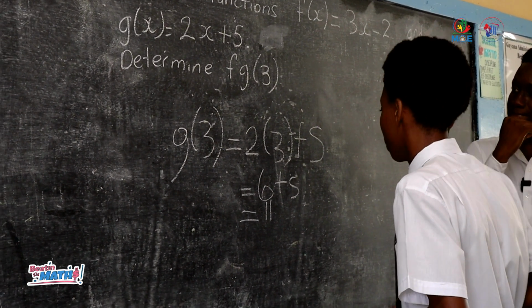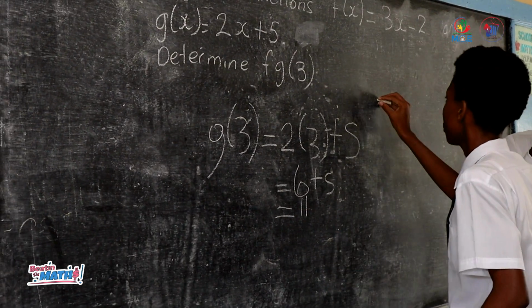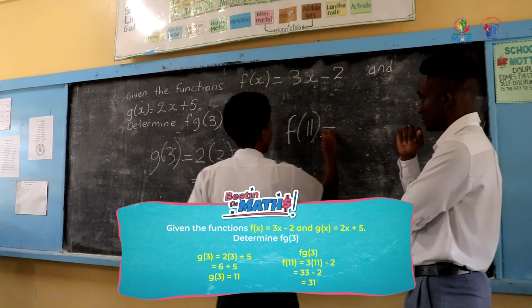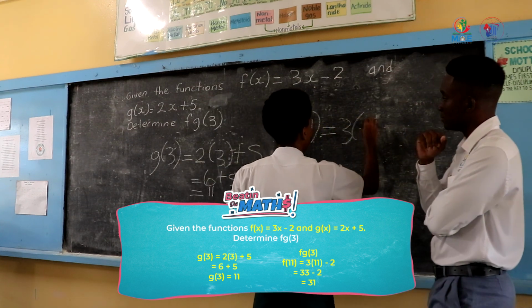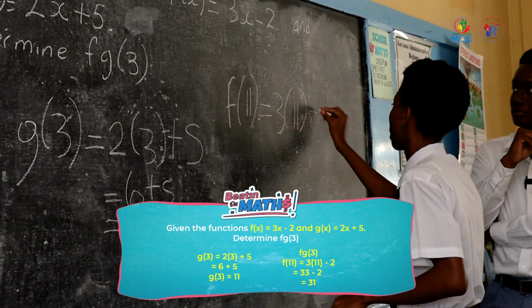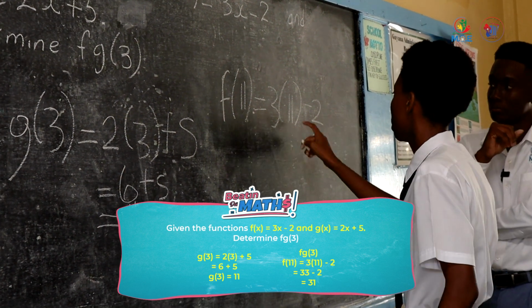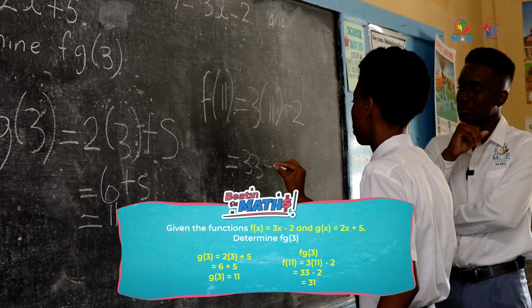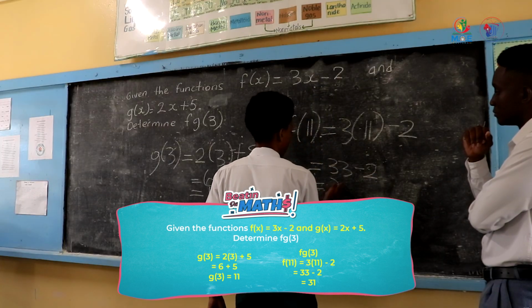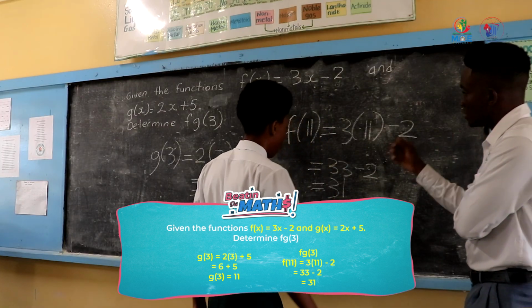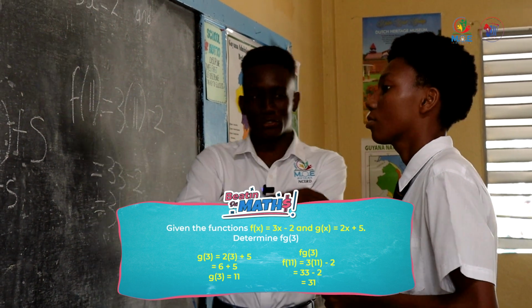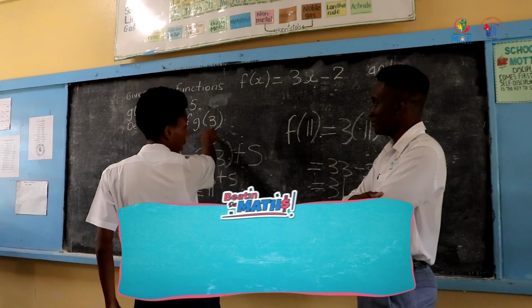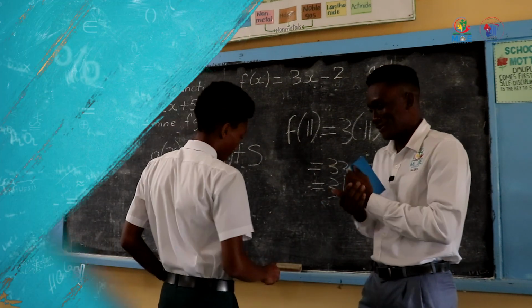So then you're going to put f of 11 equals 3 times 11 subtract 2. And then your answer is 3 times 11 is 33, 33 subtract 2 equals 31. That is your answer. So why did you substitute 11 into this function? Because I found g of 3 equals 11 and I substituted for 11. Okay, very good.